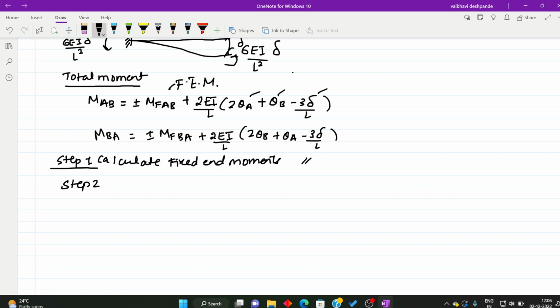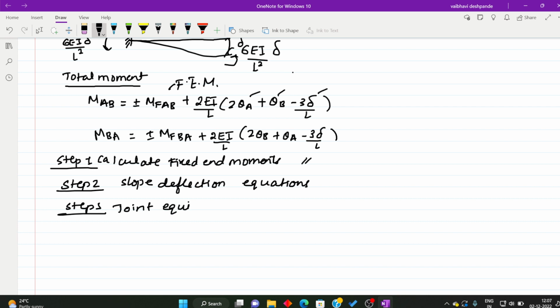Then step 2, for each span we have to write the slope deflection equations. Then step 3 is writing joint equilibrium conditions. What are joint equilibrium conditions?